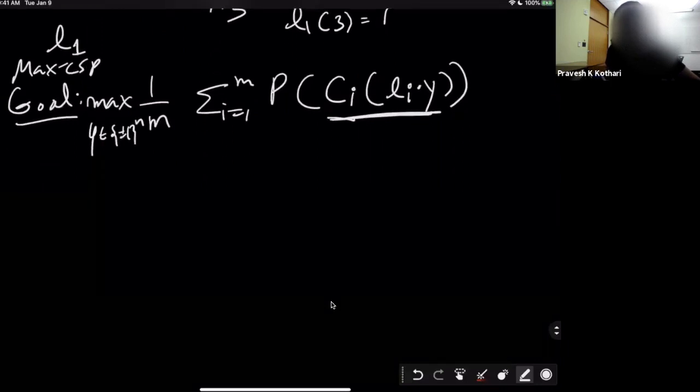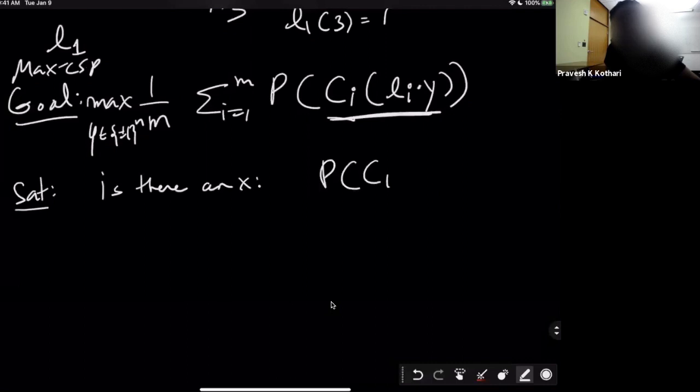But you could also look at the satisfiability goal, the kind of stuff that we did today, which is, is there an x that satisfies P of C_i, L_i, y equals 1, for all of the m constraints?